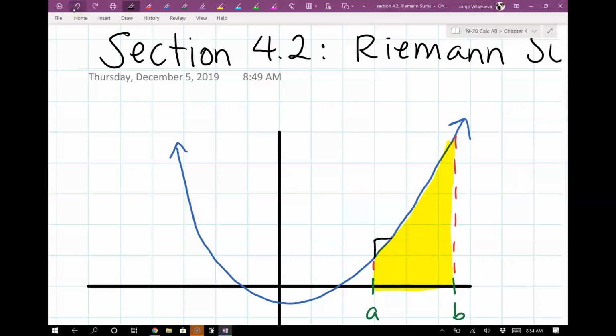So maybe there's another way to do it. I'm just trying to show you all the methods right now, before we actually go into this. So he said, what if I develop a method where the middle of the rectangle is touching the graph? Would that give me a better approximation? What do you guys think?